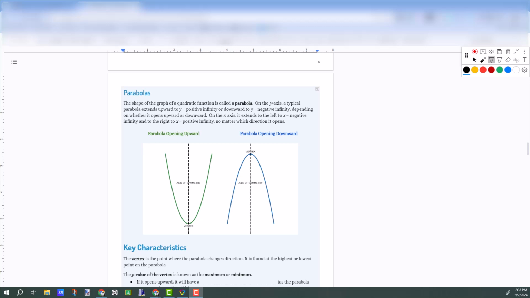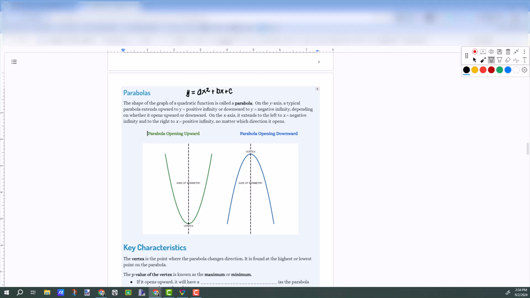Okay, now that we know what the equation of a parabola is, and that's y equals ax squared plus bx plus c, we know what that equation looks like. We also want to know what the graph looks like. Well, the shape of the graph of a quadratic function is called a parabola.